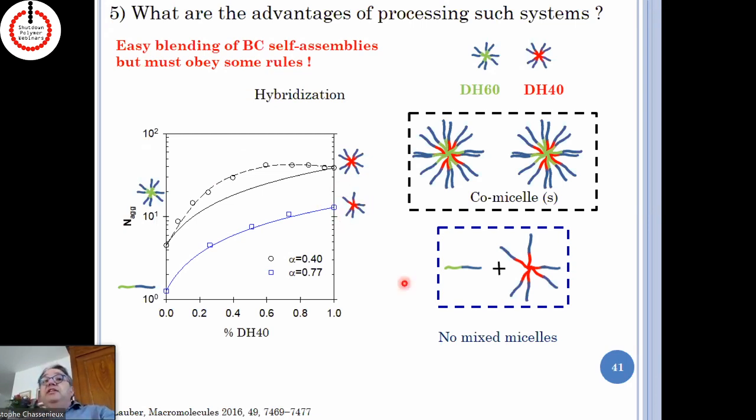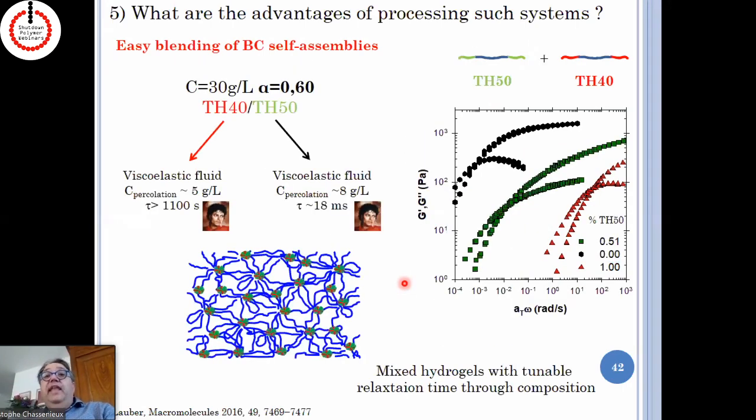So it's very nice because if you try to achieve exactly the same thing with a frozen system, it's impossible. Now, if you mix tri-block copolymers, it's very nice because you can achieve a given relaxation time, no more by playing with the ionization degree of your block copolymer, but just by playing with the composition of your mixture.